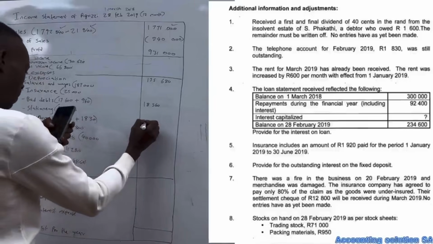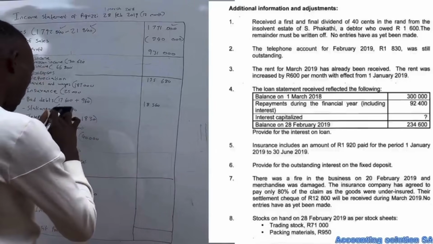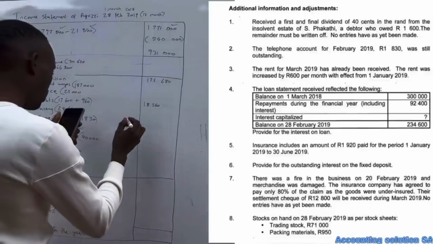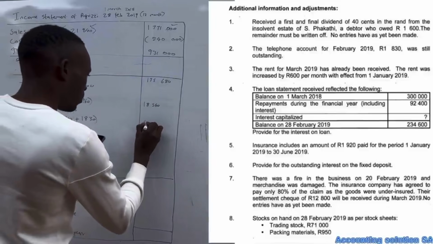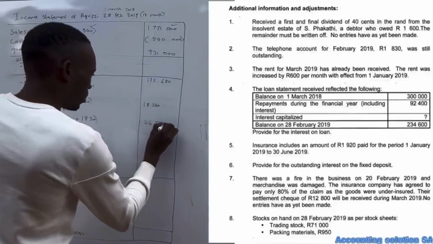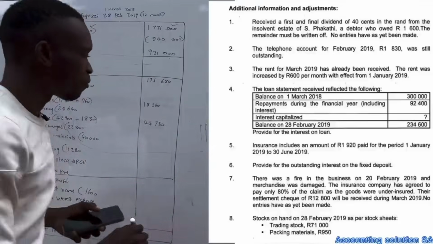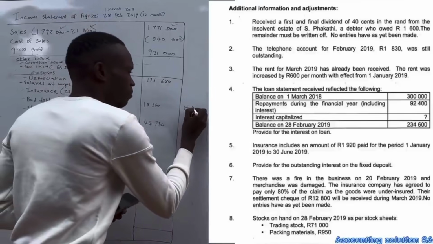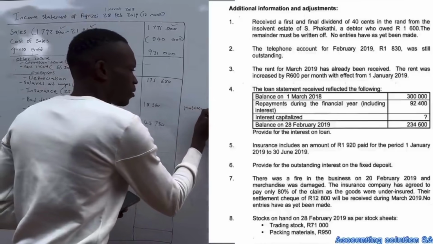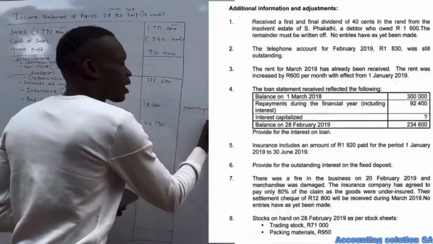Okay, then if you calculate, you're going to get 44,708. Okay, we are applying the matching concept under the GAAP principle.